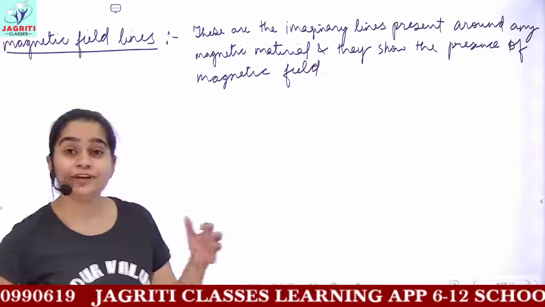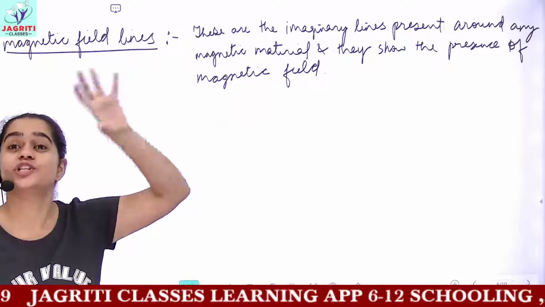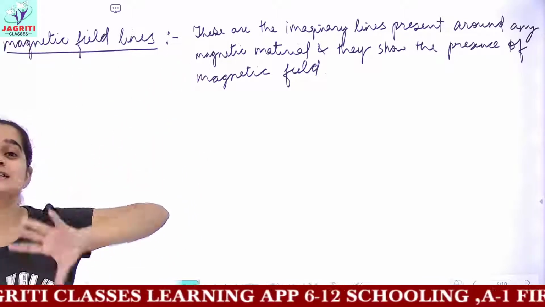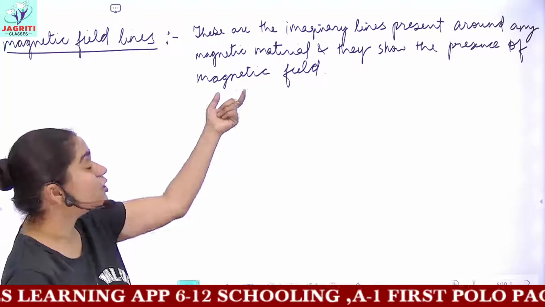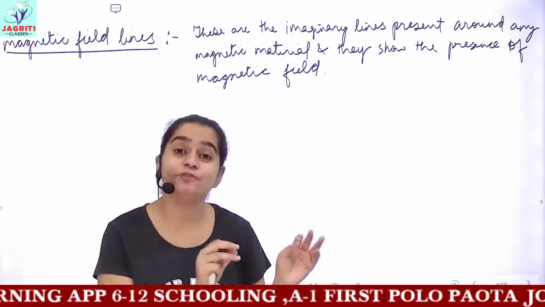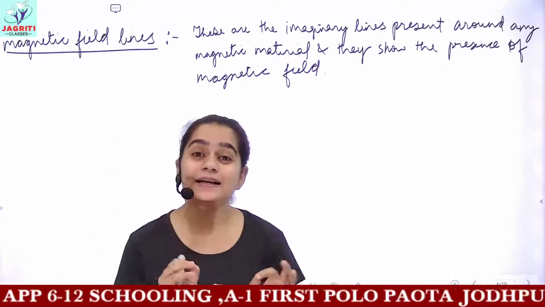So magnetic field lines are the imaginary field lines which are drawn, and these field lines tell you that here the magnetic field is present. They also tell us about the direction of the field, that is, where the field lines are moving.